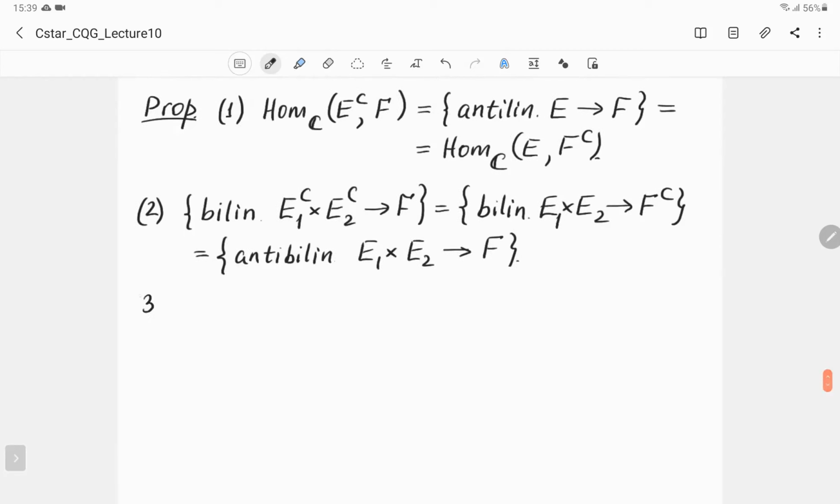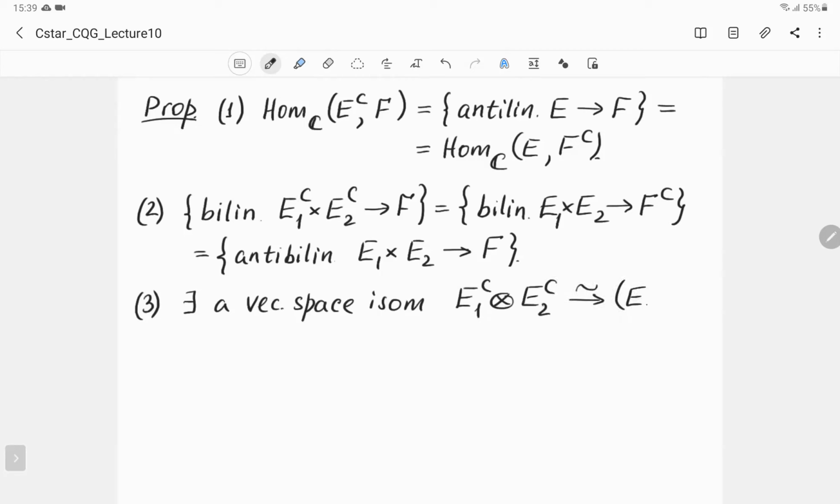And finally, part 3, I claim that there is a natural vector space isomorphism between the tensor product of two conjugate spaces, E1C and E2C, and the conjugate of their tensor product. And this isomorphism is uniquely determined by the following formula.